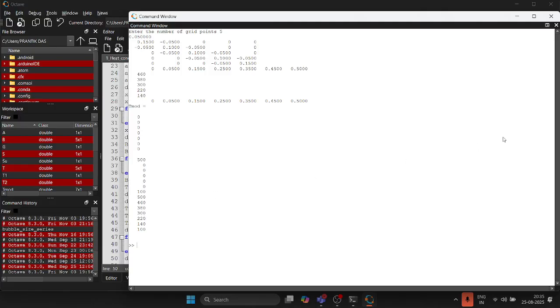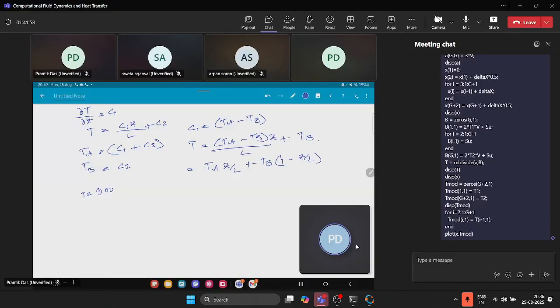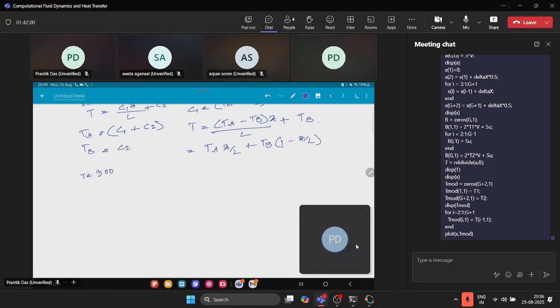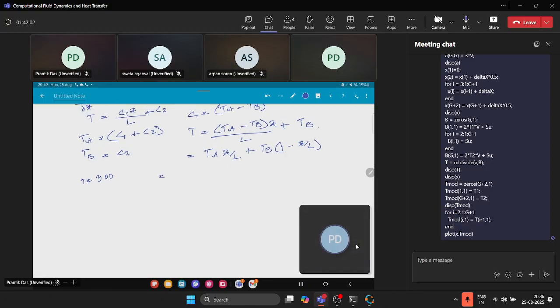So if I actually go to the analytical solution also, so let me share my writing screen. If I go to the analytical solution also, we will see that my temperature in the middle, so at x equal to 0.5, or L by 2, is coming to be TA by 2 plus TB by 2, or TA plus TB by 2.